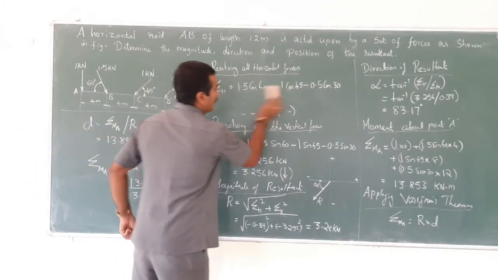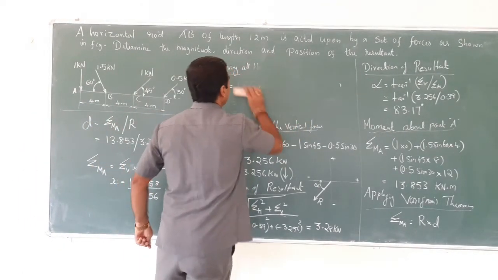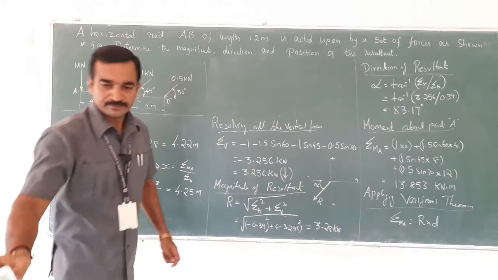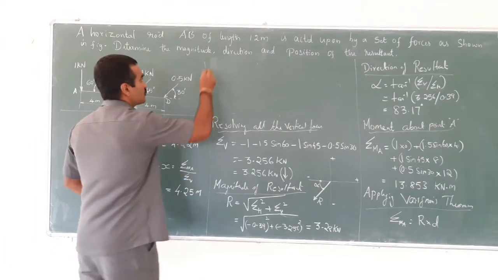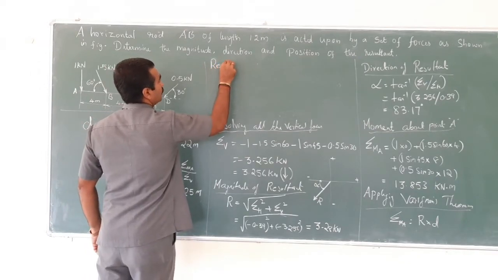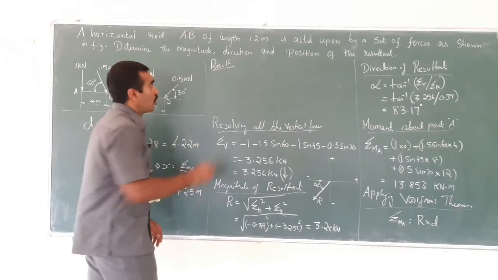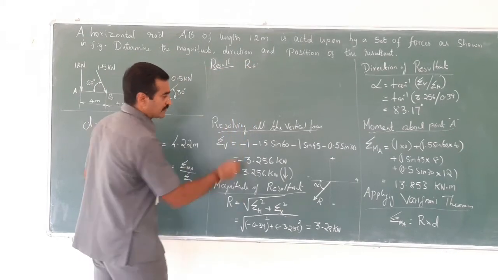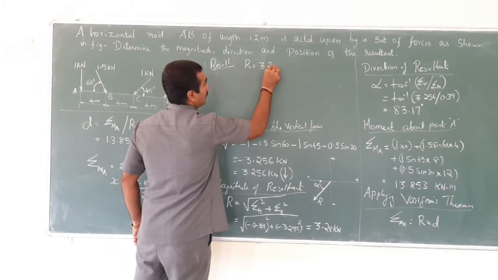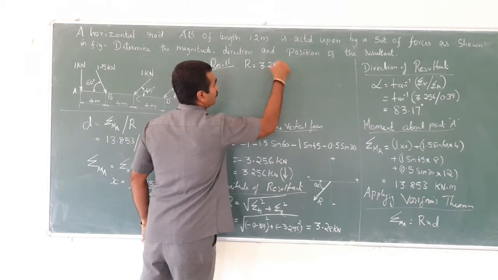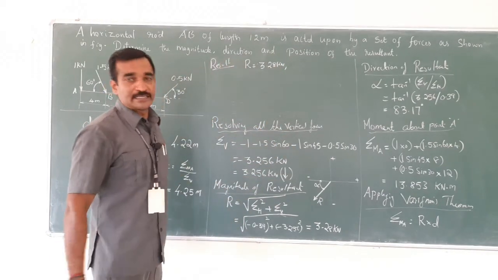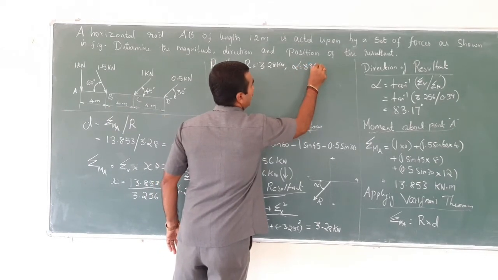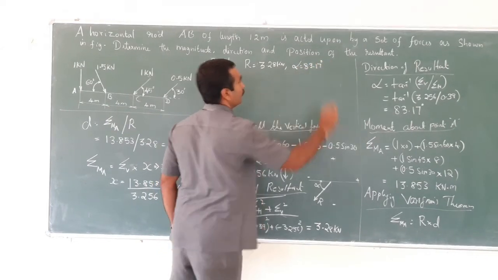Let me wipe this off to draw the graphical representation. Right. So just mention the result. R is equal to the magnitude of the resultant, which is 3.28 kilonewton, and the direction of the resultant, alpha, is equal to 83.17 degree.